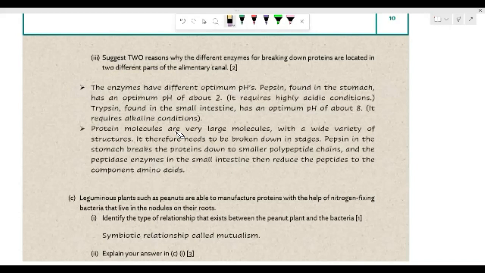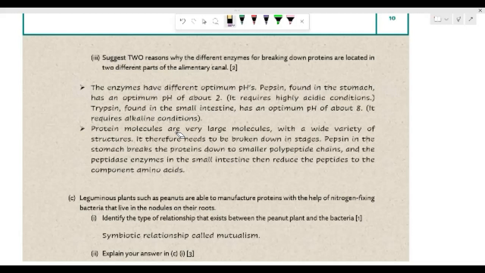So these acidic conditions, you cannot really host in any other part of the alimentary canal, right? So the stomach is there to make sure that the pepsin gets what it needs, and also without killing you, because remember it's very acidic.